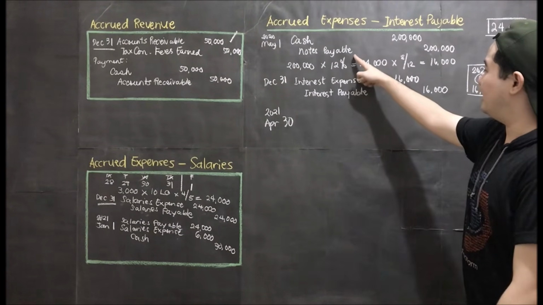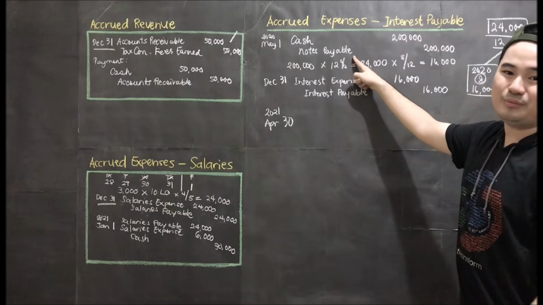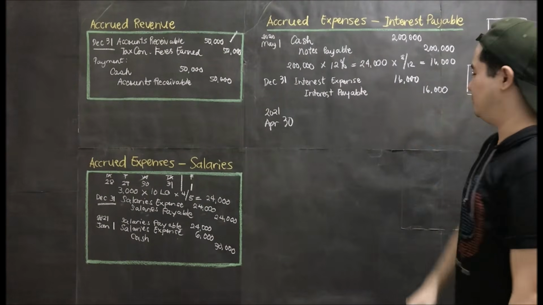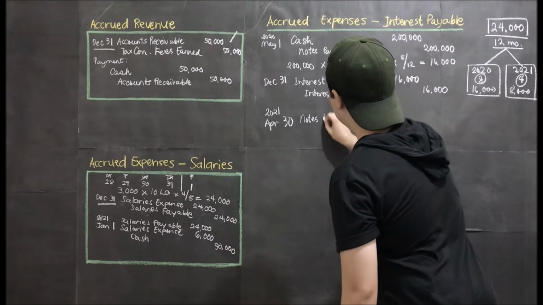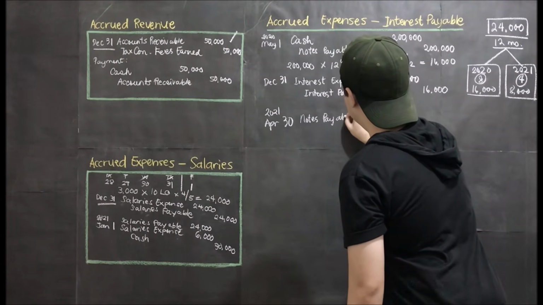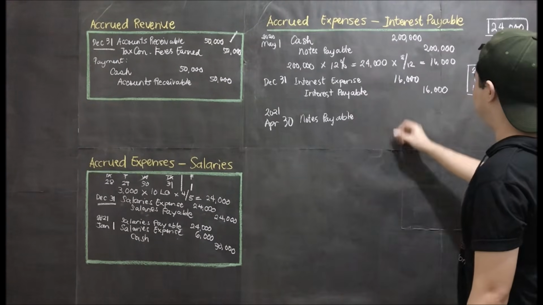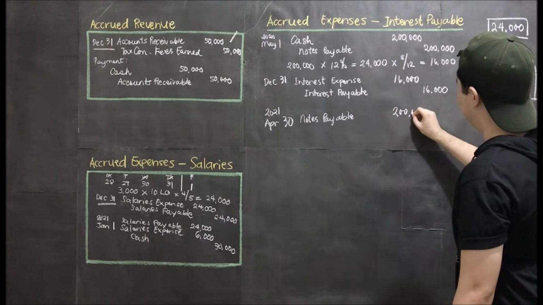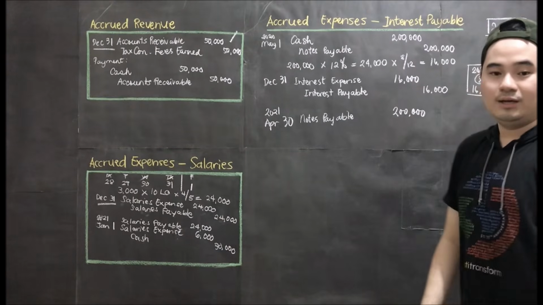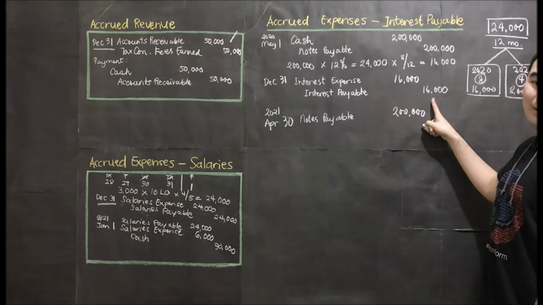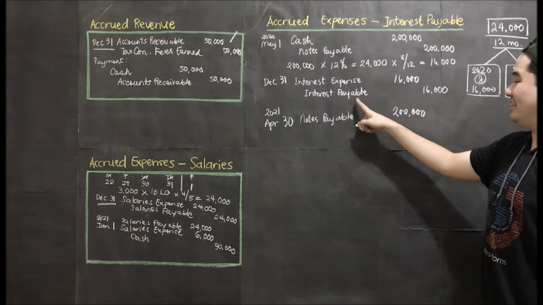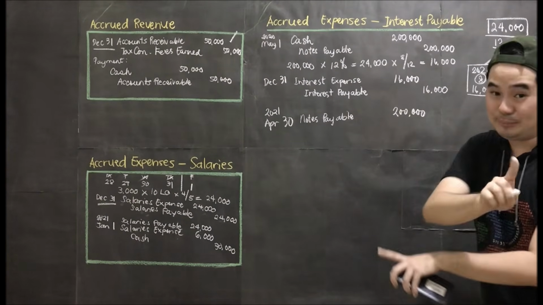Okay? So, dating naka-credit ang notes payable, lalagay natin sa debit. Tapos, syempre, may utang tayo, di ba? Interest payable, 16,000. So, ganun din ang sistema. Dating naka-credit, nalagay mo sa debit.